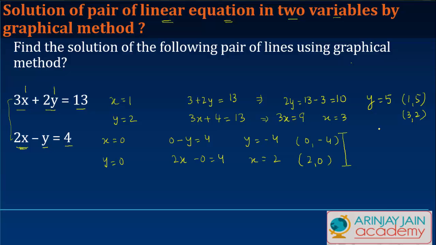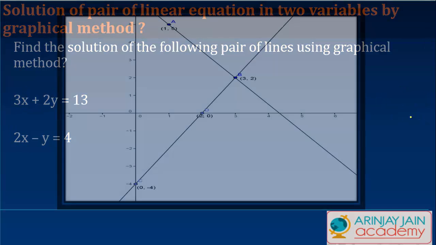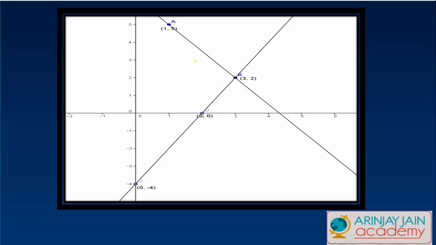Now, like I told you, first we are going to draw two lines, one with this set of values and the other with this set of values. So we have 1, 5 and 3, 2. If I take the point 1, 5, when x is equal to 1, y is equal to 5. So I draw this point 1, 5 and call it A. That's the first point.